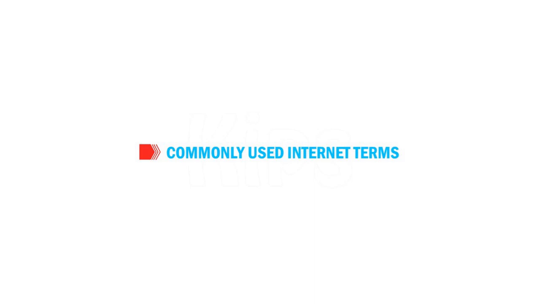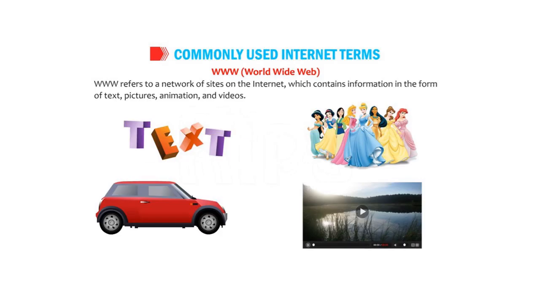Okay, now let us understand some commonly used internet terms. And the first one is www, World Wide Web. www refers to a network of websites on the internet which contains information in the form of text, pictures, animation, and videos.